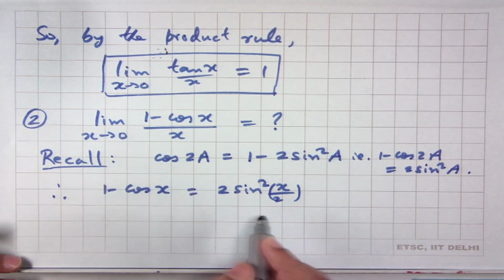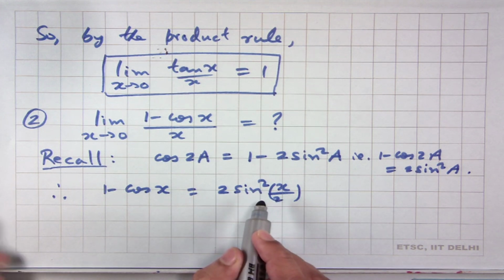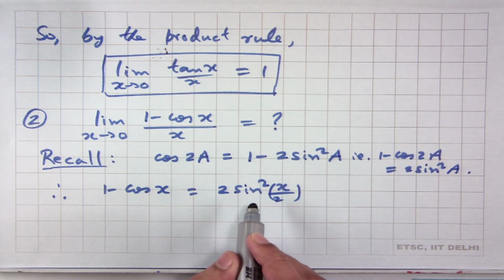So, the numerator is equal to 2 times sine square x by 2, denominator is x.